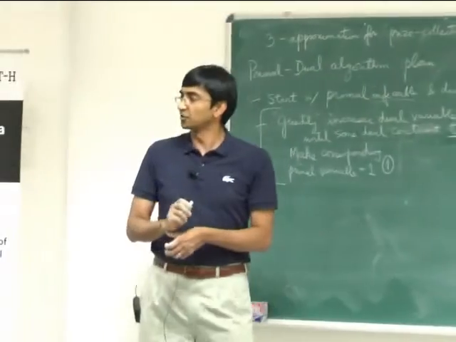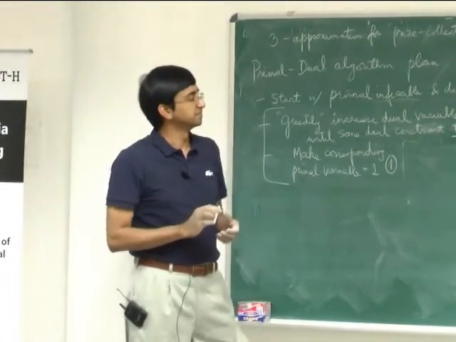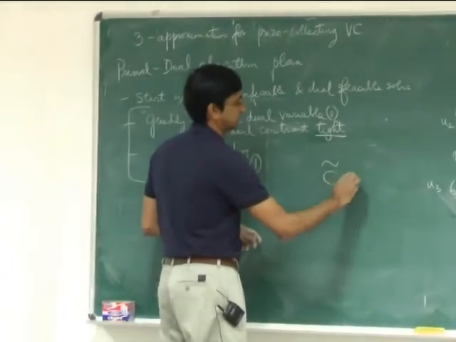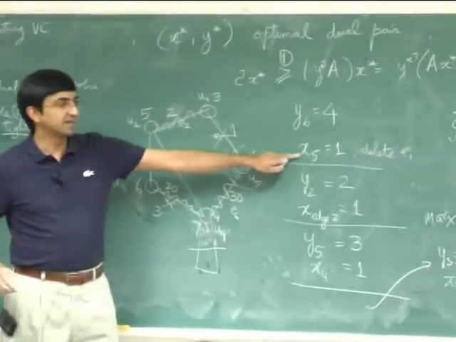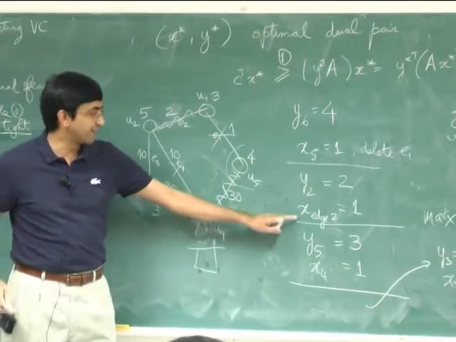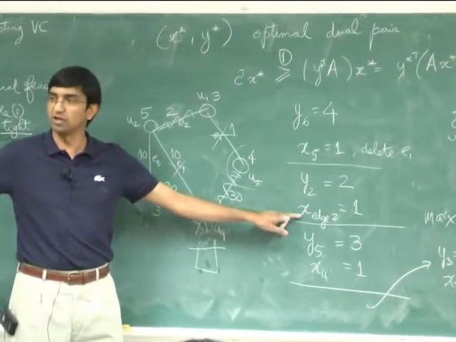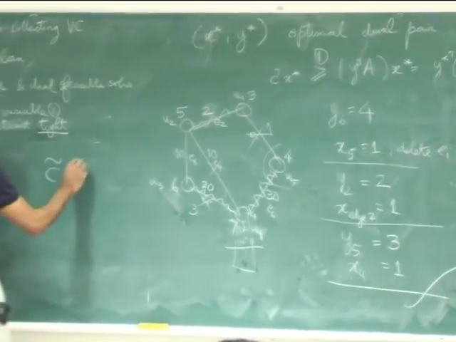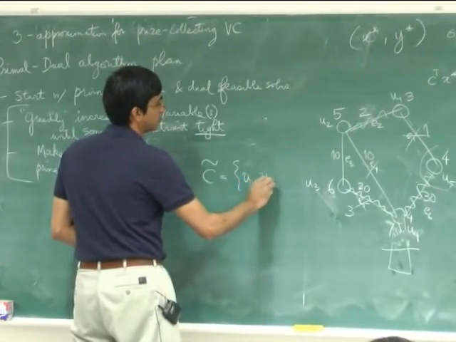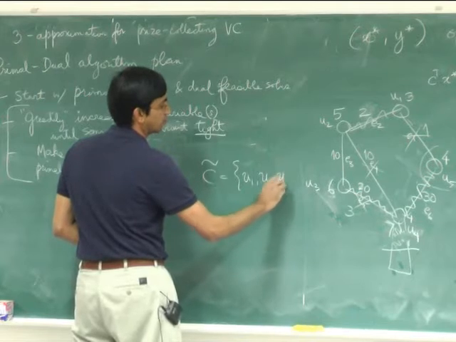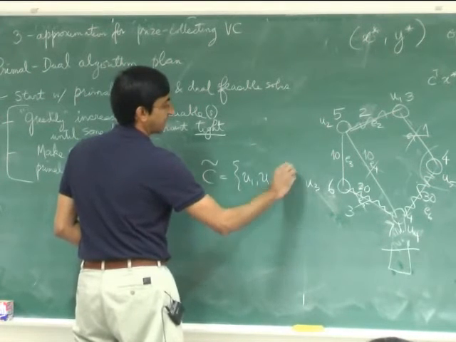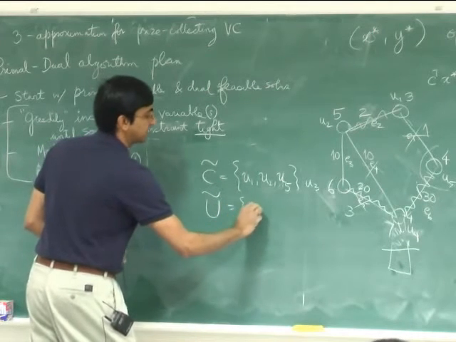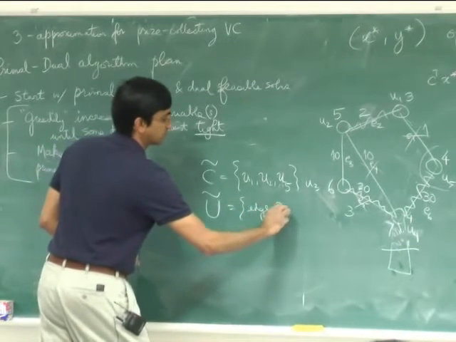Okay? So that's our primal dual algorithm. What is our final solution then? What's our cover? I picked 5. I picked edge 2, not to cover. I picked X4 and I picked X2. So the vertices are U1, U2, U5. Okay? And the uncovered edge is edge 2.